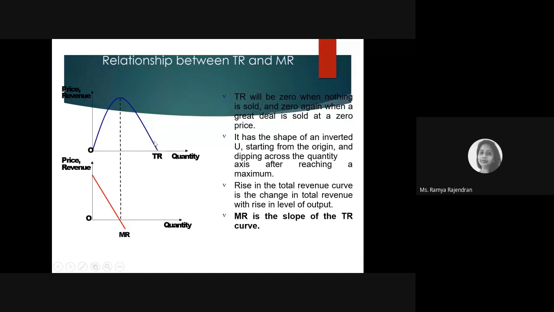Here the price becomes 0, right? Okay, so this would be the optimal point. The marginal revenue curve will be identified by drawing the slope of this total revenue curve. Okay, hope you got this.